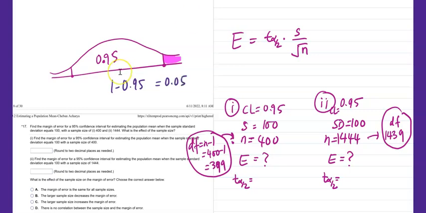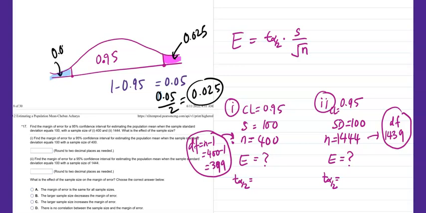So remaining area is 0.05 in both tails in total. So area on each side or each tail is going to be 0.05 divided by 2, which is 0.025. So this is going to be 0.025. This is also going to be 0.025.